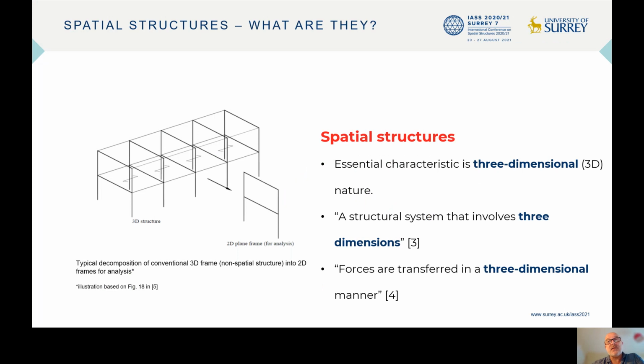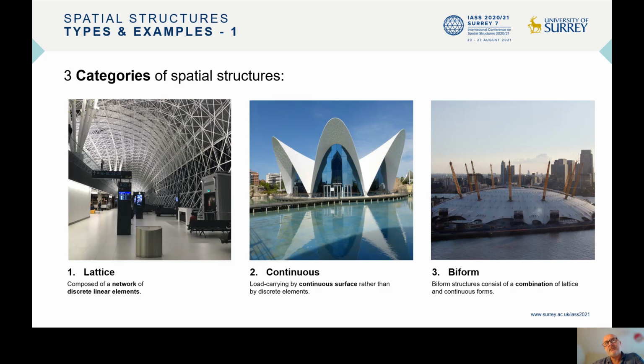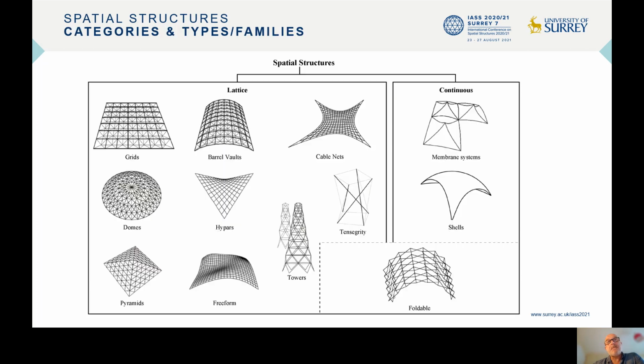So the paper starts by talking about what spatial structures are, referring to their three-dimensional nature and behavior. Looks at categorization of spatial structures, and includes an infographic that I've prepared to show the various types of spatial structures commonly employed in the different categories.